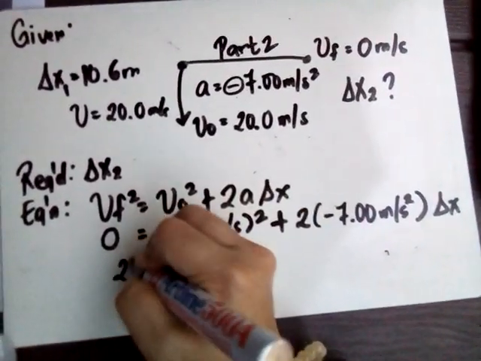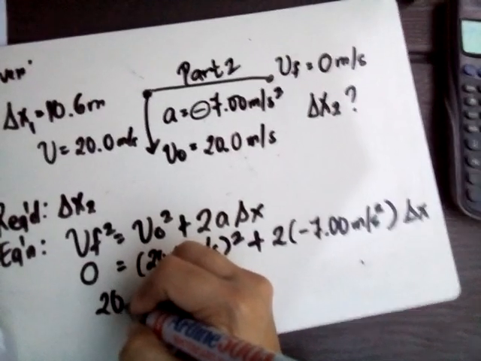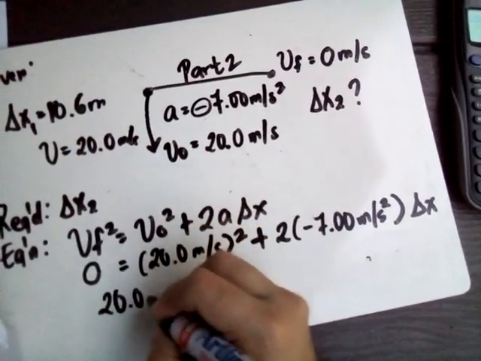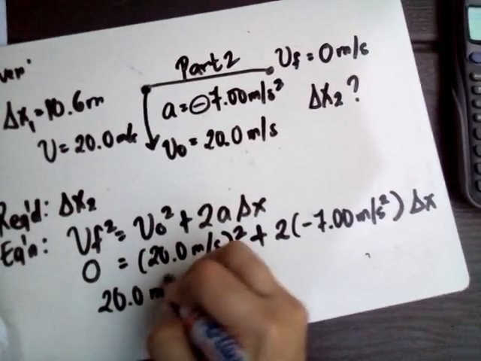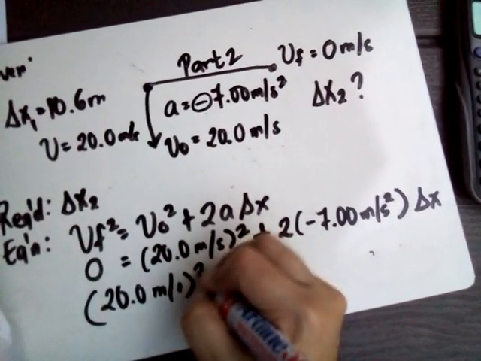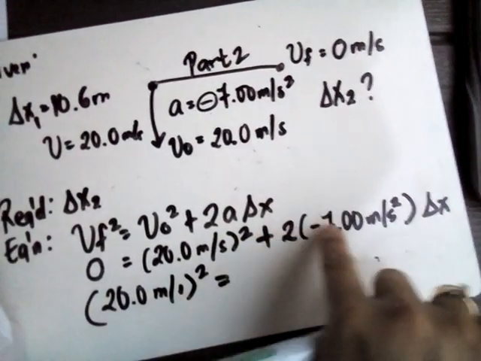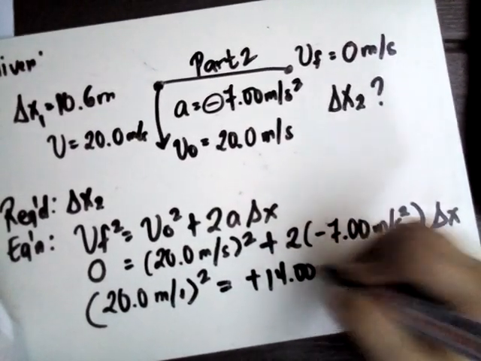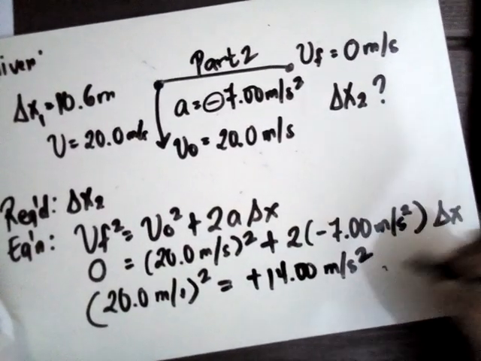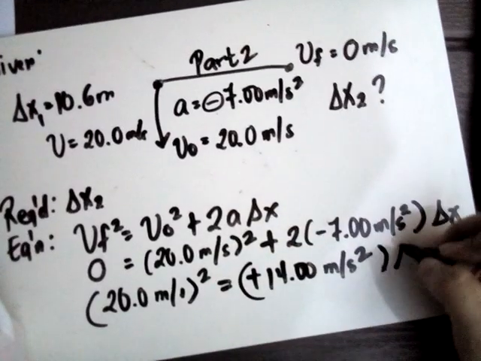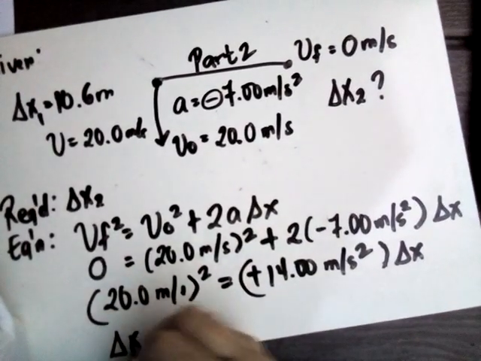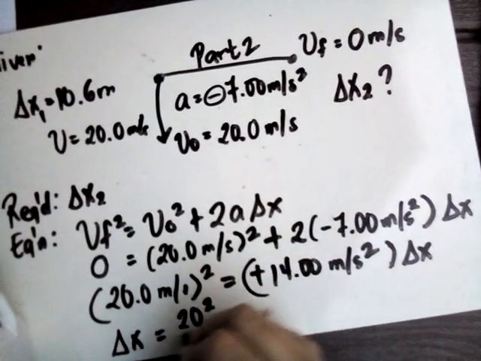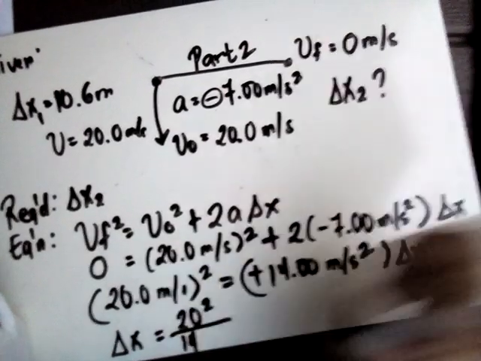So that would be 20 squared, 20 meters per second squared. I will now transpose 2 and negative 7 to the other side. So I have positive 14 times delta x. Okay? So delta x is simply 20 squared over 14.